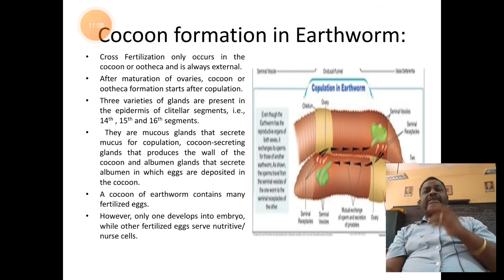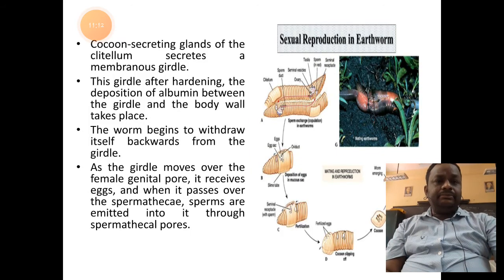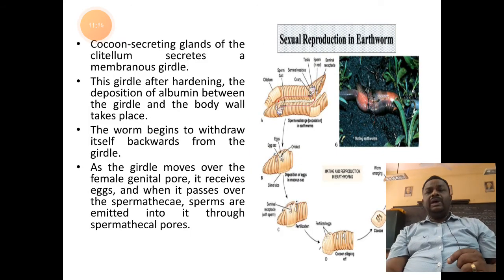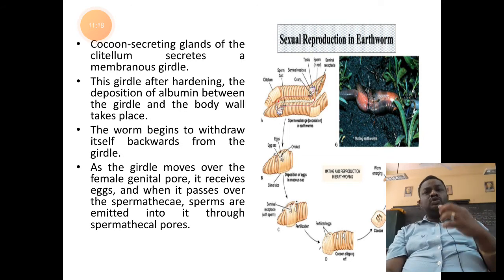Students, here the cocoon glands will secrete a membranous girdle around the clitellum. This girdle soon becomes hardened when it is exposed to the air. Now, the albuminous glands will secrete the albumin between the girdle and the body wall.